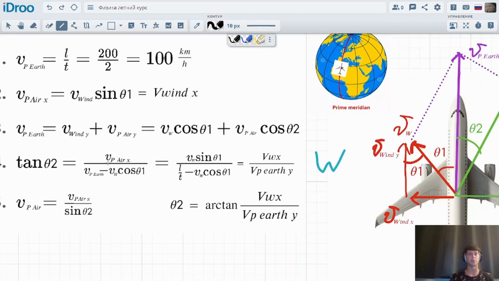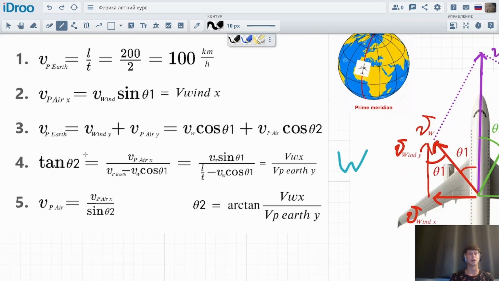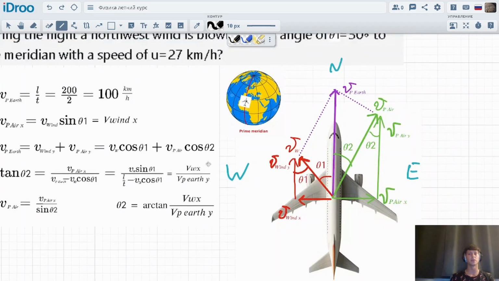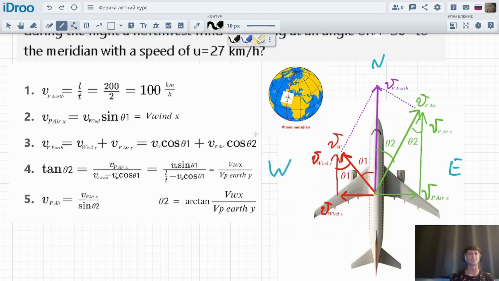The third step is that the whole velocity of the plane relative to Earth equals the vertical velocity of the wind plus the vertical velocity of the plane relative to air. We just discussed it as well. This vector plus this vector equals the purple one, the whole velocity of the plane relative to Earth.